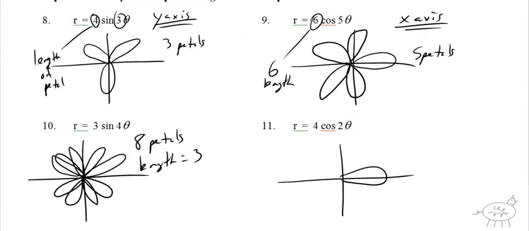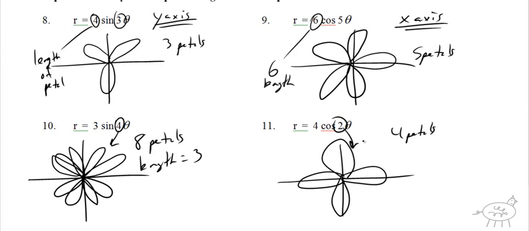Looks like this, like this, like this, and like this. 4 petals. Well, what conclusion can you make? Let's look at this number. This is a 4 and this is a 2, and this one has 8 petals and this one has 4 petals.